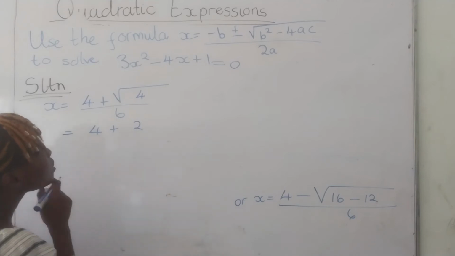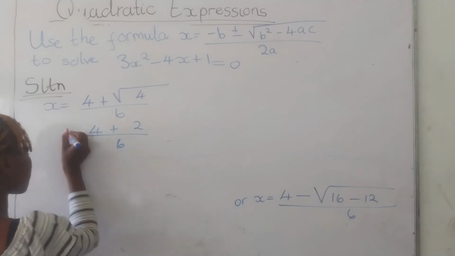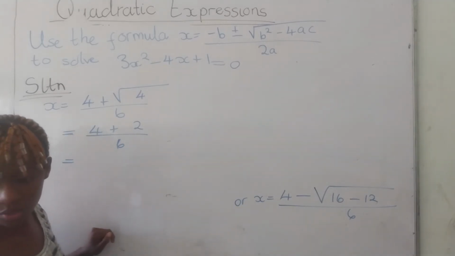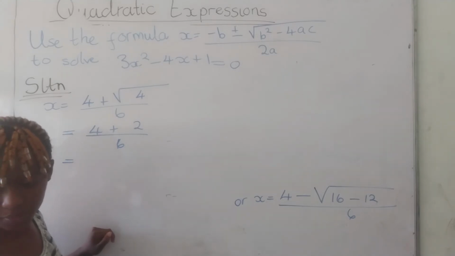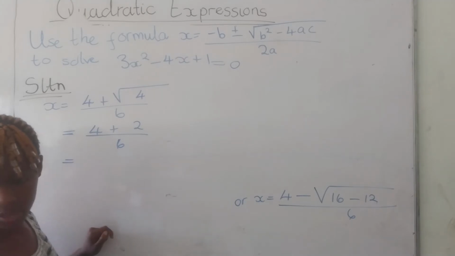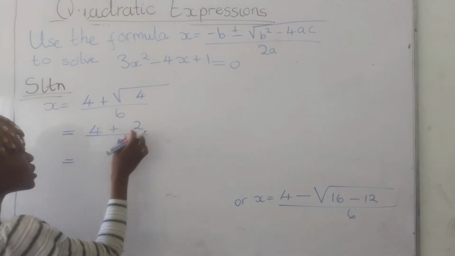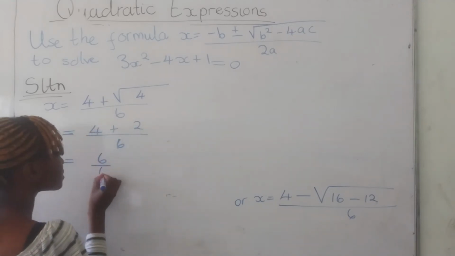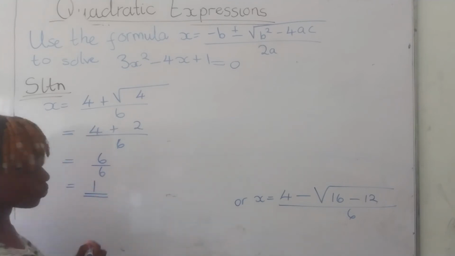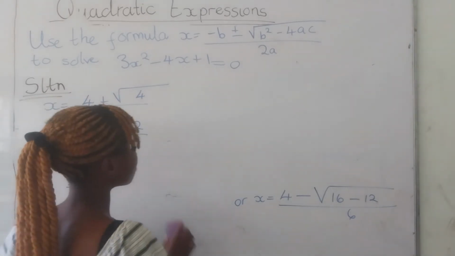We all know that. And over 6. Oh, 2 over 6. And if we add here, we're going to get 6 over 6, right? Meaning this is 1 whole. Well, unfortunately, that's a whole number, but it doesn't usually have whole numbers.